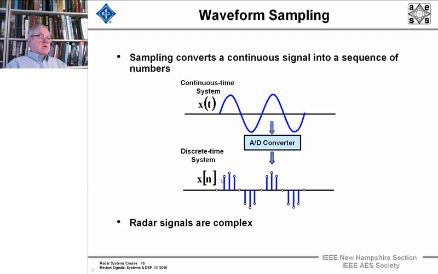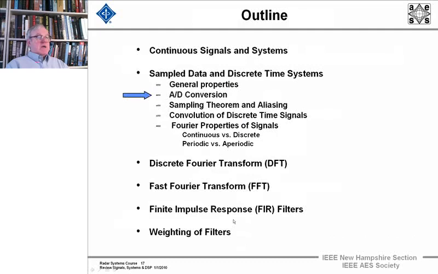And the integer has swallowed up in it usually the time between samples. If we were more interested in this as an exact physical number, and this was time, it would be n delta t, delta t, or T, being the period between samples. And radar signals are complex, so you're going to sample the real and the imaginary part of the signal to get out to the radar data.